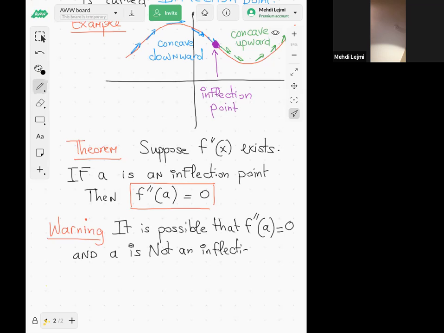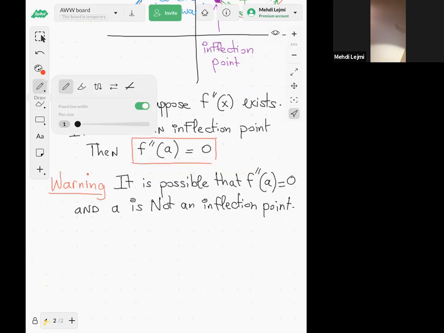Again, the theorem says that if you have an inflection point, it means the second derivative is 0. And what I'm saying is that if the second derivative is 0, it doesn't mean that your a is an inflection point. So for example, let me first take an example where the second derivative is 0, but your point is not an inflection point.